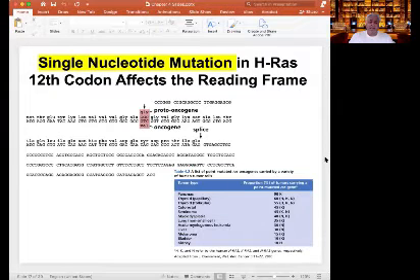And interestingly, all the research suggests that there's a single base substitution, a single SNP, single nucleotide polymorphism, that is present in the 12th codon of one of the reading frames, and that causes a glycine to be substituted into a valine. And that's the only change that has been detected in a number of these oncogenic studies.